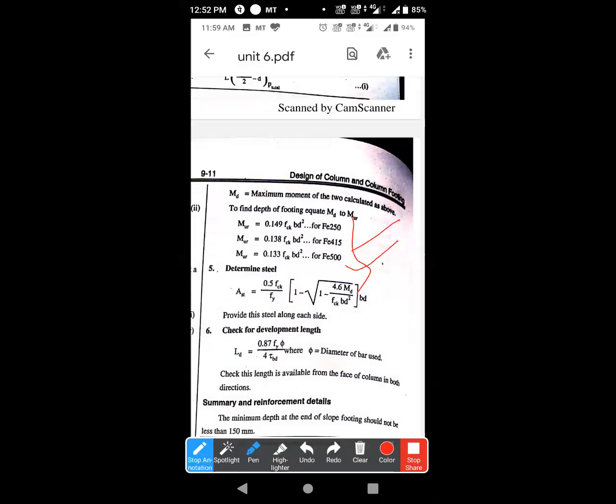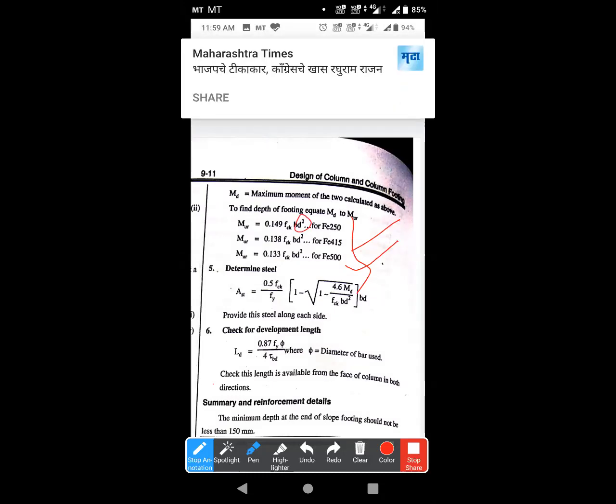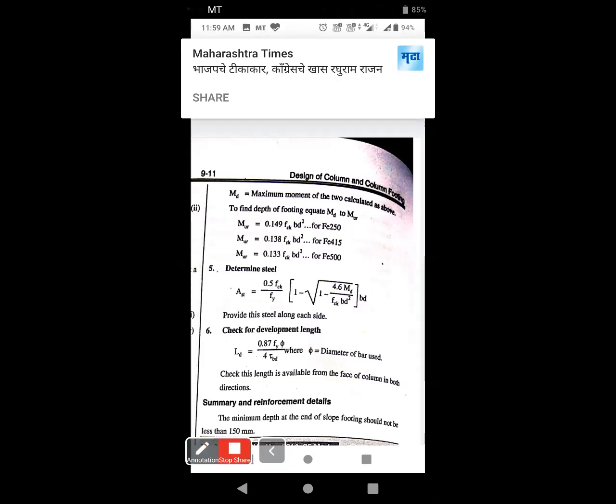Whichever is the grade of steel, you have to go for that moment of resistance, that maximum moment. And then you have to find the depth there, go for that calculation of depth.